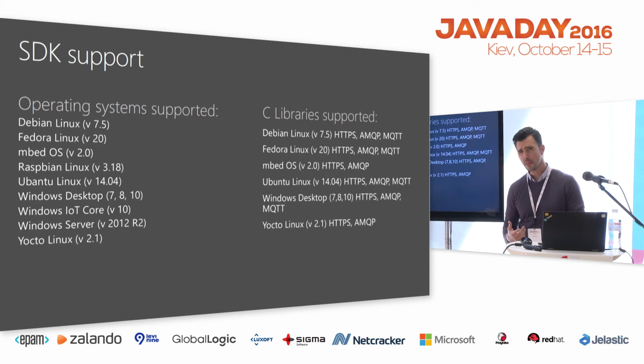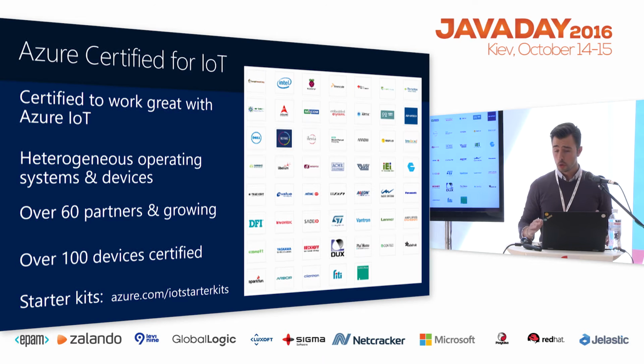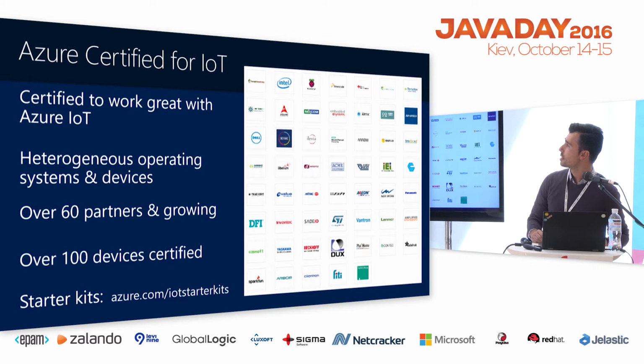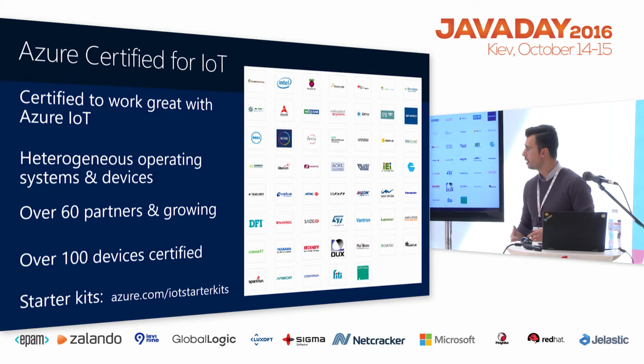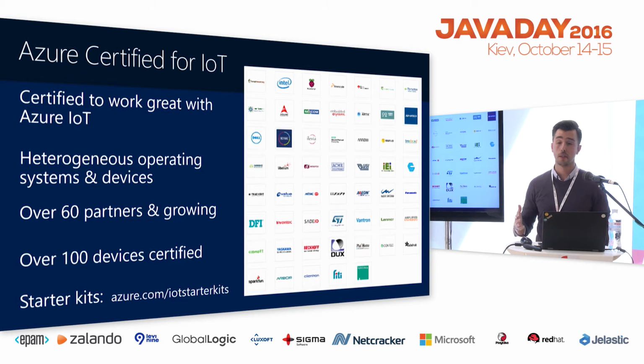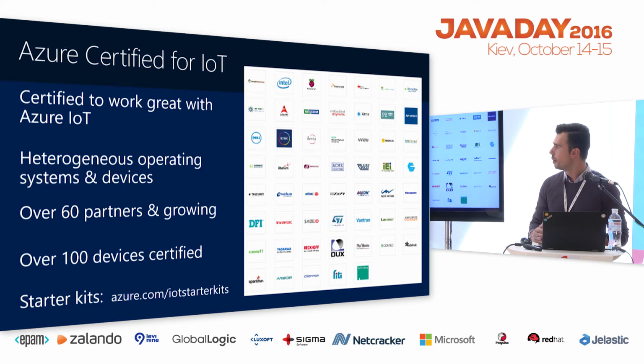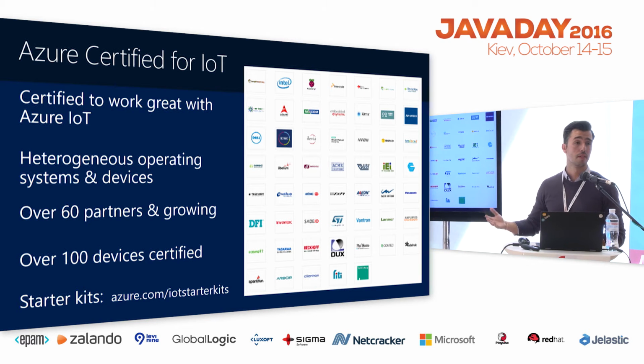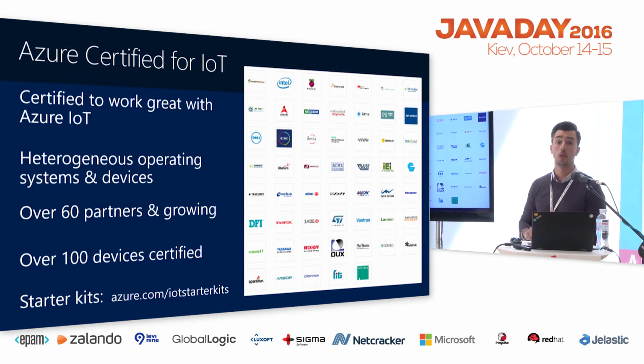For some libraries, there is support of MQTT over WebSocket, so I think it's not mentioned here, but it's also available. Also, there are Azure certified devices for IoT. It's a large number of partners that are developing certified devices, and you can run the SDK. So you can go online and check for your specific device whether there is support, which are the supported platforms, and which are the SDKs that you can use.